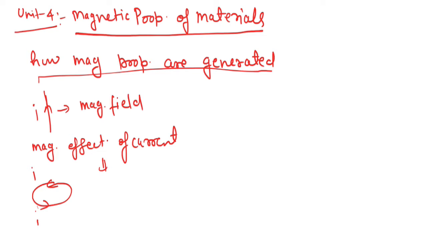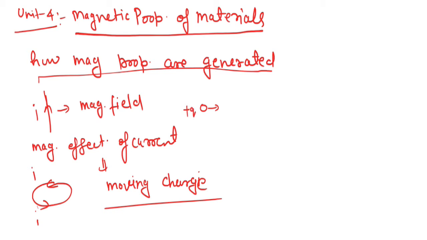Now this magnetic field is generated by moving charge. So if a charge is moving, either positive or negative, every moving charge generates a magnetic field. If this is charge plus Q or minus Q and it is moving, it will generate a magnetic field.